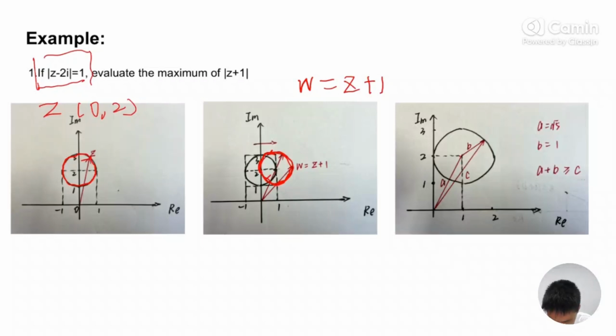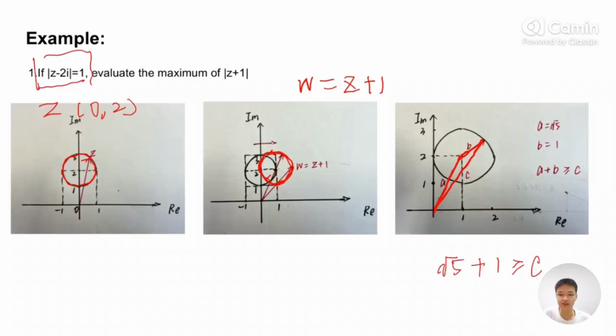We know in a triangle, the sum of two sides is always bigger than the other one. So a plus b is always bigger than c. a equals square root 5 and b equals 1, such that square root 5 plus 1 is always bigger than c.